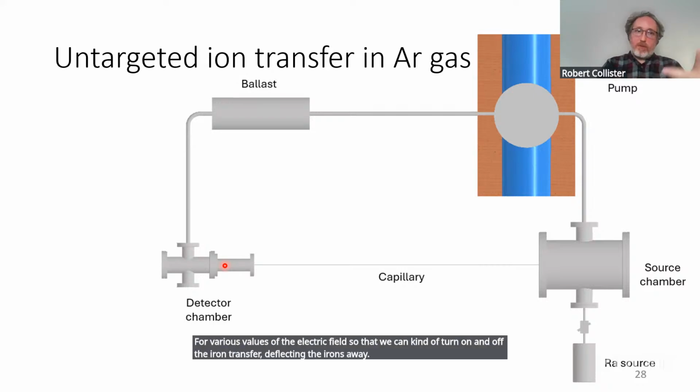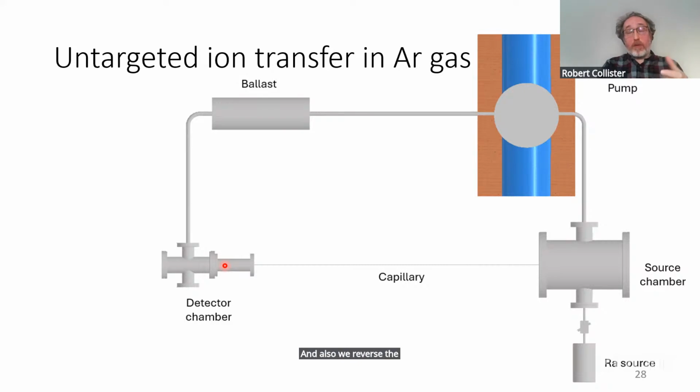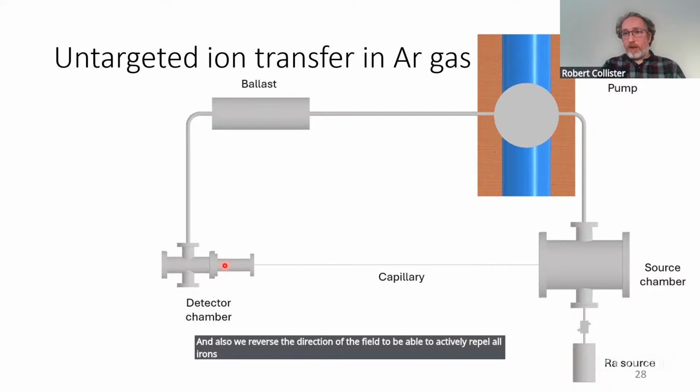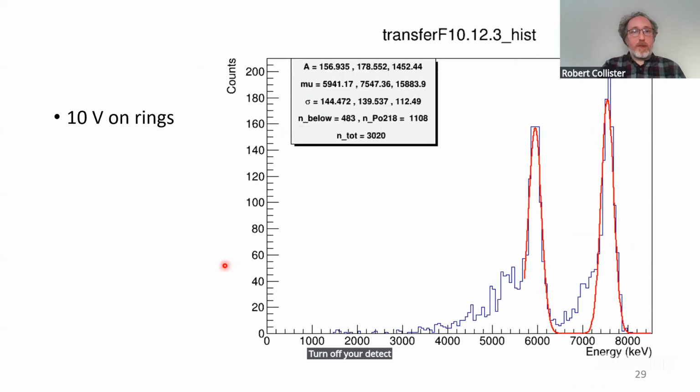We also reverse the direction of the field to actively repel all ions from the field ring region, so that no ambient ones are there as well. So you can tell that you can fully turn off your detector using that electric field.